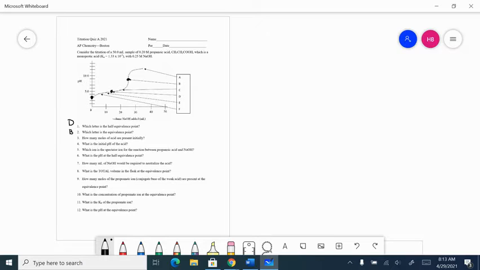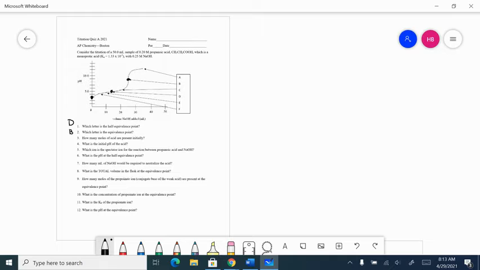Number 3 says how many moles of acid are present initially. Before the quiz even started, I did mention that you're not supposed to read the graph to try to answer the question. You're supposed to use the numbers. And in the instructions, it did tell you to calculate with your numbers, not reading the graph.